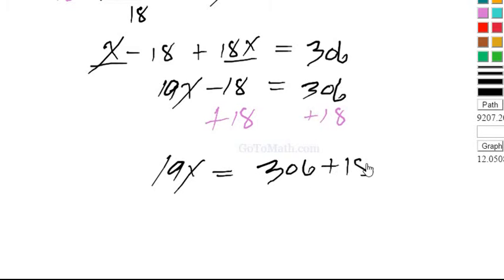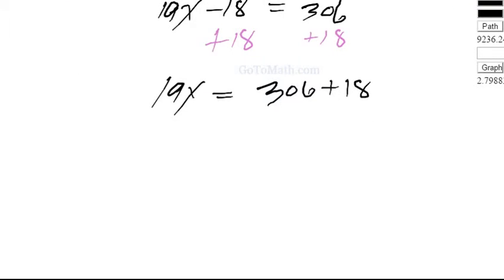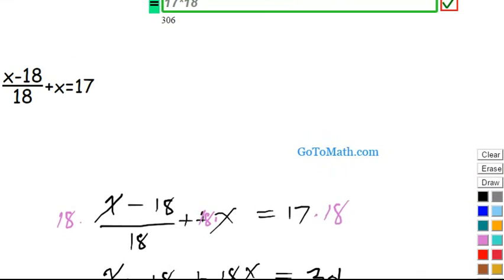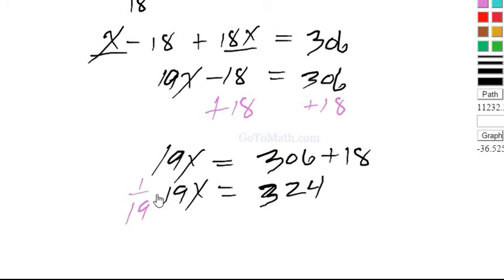What is that? 324. I just don't want to make any mistakes. 324 and 19x. So then we multiply through by the reciprocal here, 1 over 19.